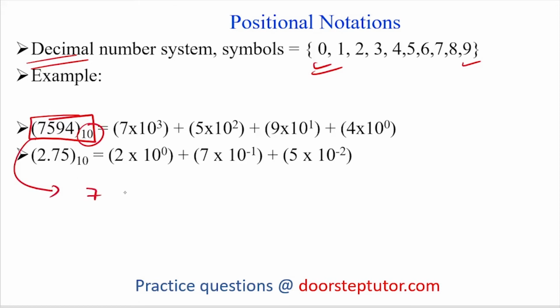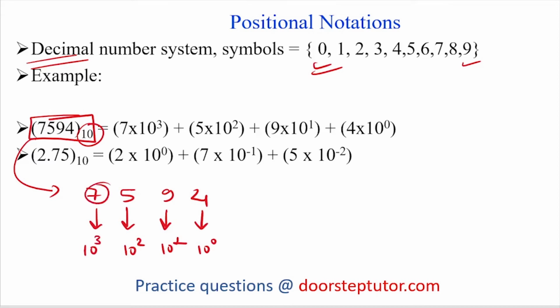The positional weight at the last position is 10 to the power 0. The next has a positional weight of 10 to the power 1. This digit has a positional weight of 10 to the power 2. And this digit has a positional value of 10 to the power 3. And these digits are the coefficients.